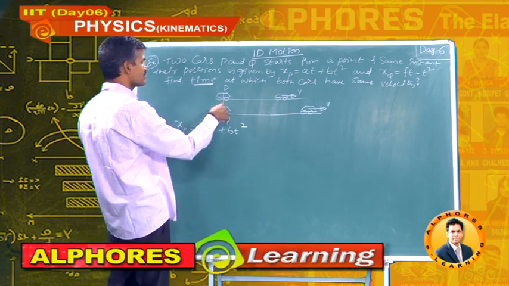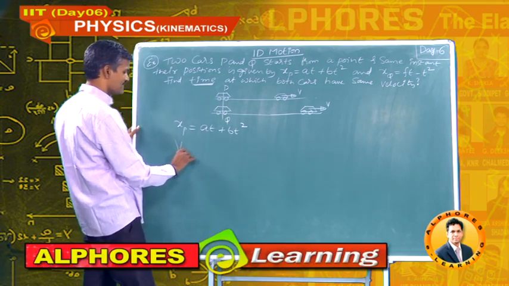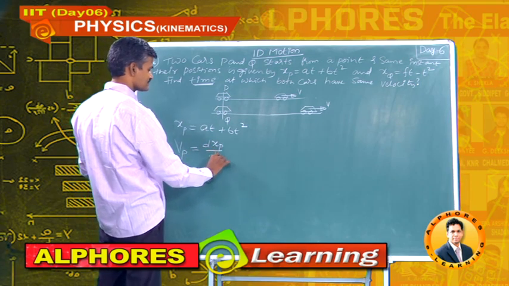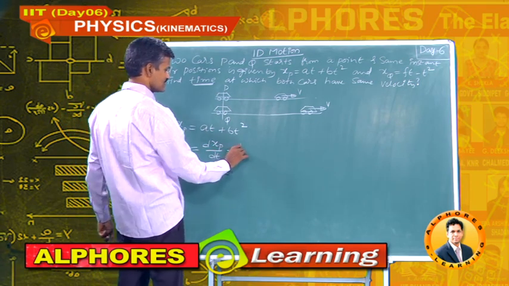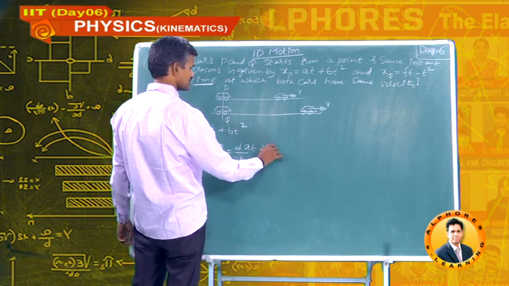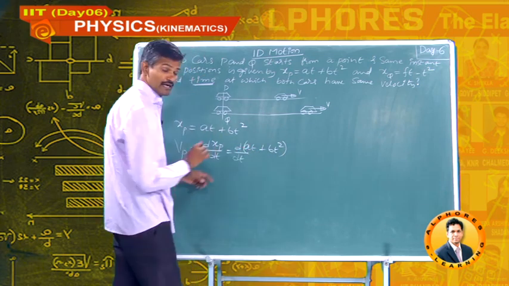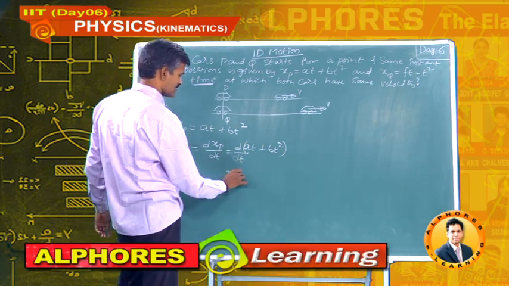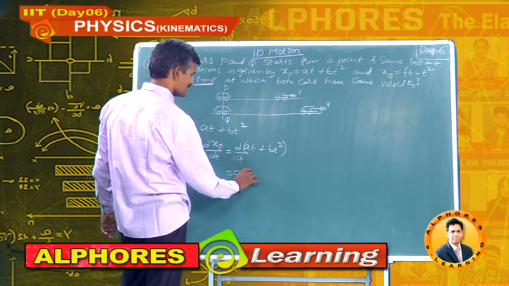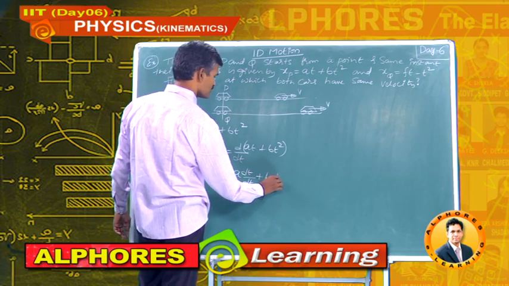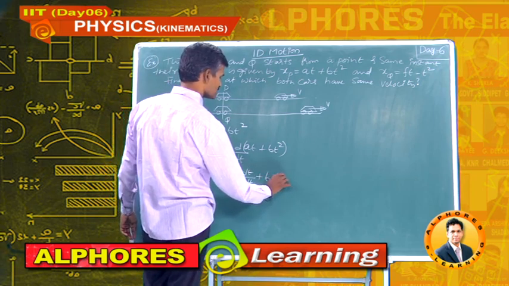By taking the derivative. So velocity of P is given by dxp by dt, that is d by dt of AT plus BT square. This is A into dt by dt plus B into d by dt of t square.